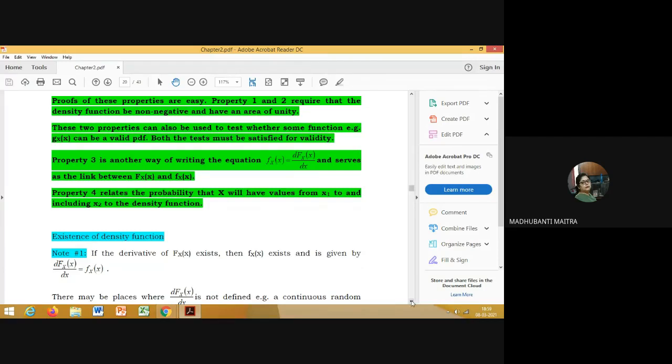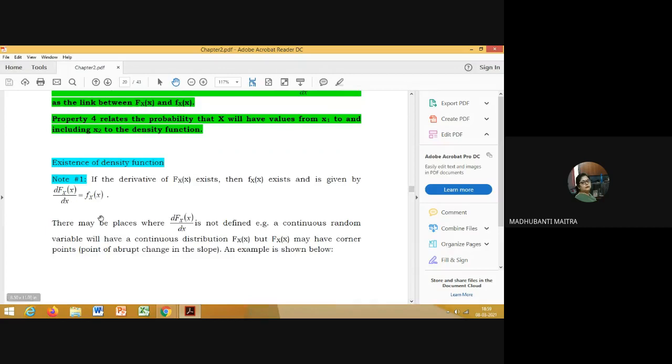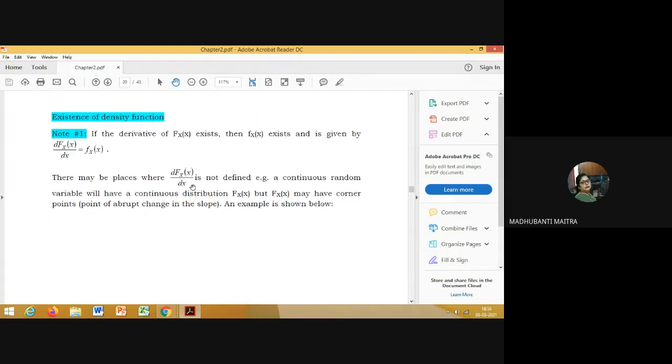Now, existence of density function. So we know that this is the definition of the density function. If the derivative of Fx exists, then we can say that the density function will also exist. As we have already seen, there may be places where the derivative is not defined.